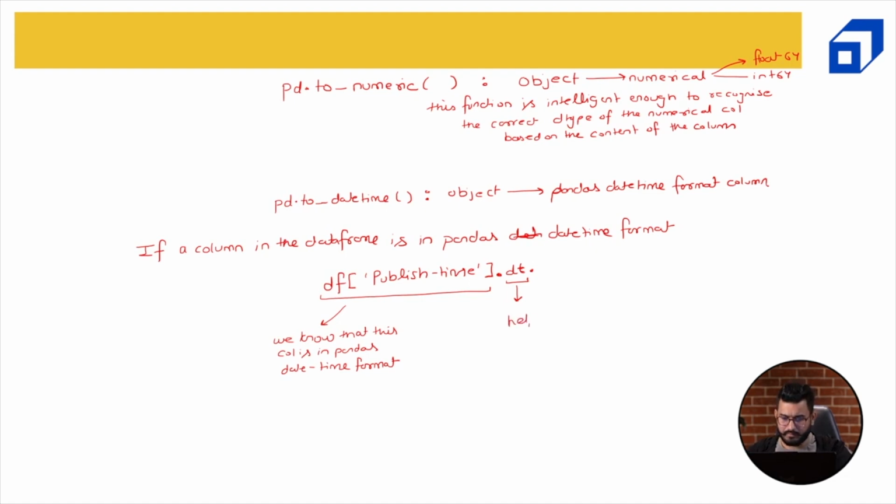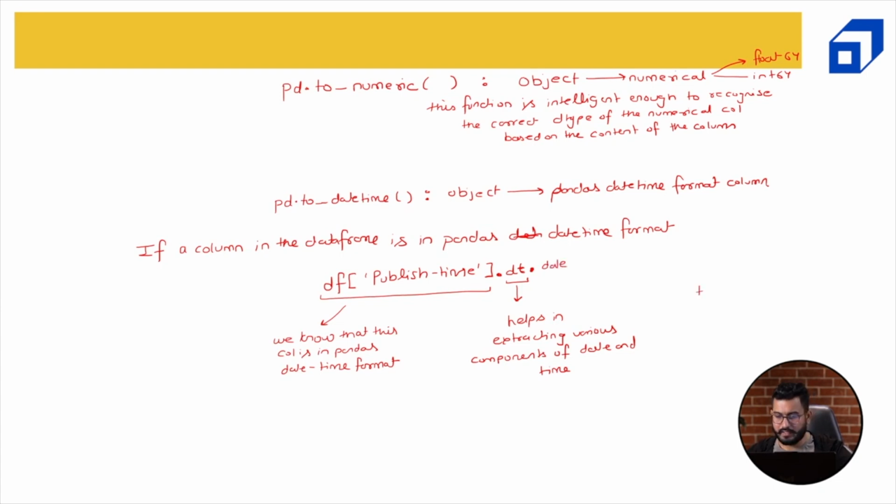After this I can write the name of the component which I want to extract. So let's say I want to extract only the date, so I can write date.